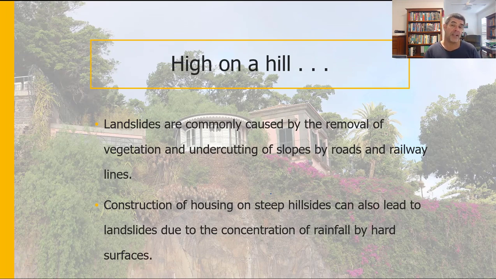Landslides are commonly associated with the removal of vegetation and the undercutting of slopes when we build roads and put railway lines in, when we change the nature of the underlying rock to reinforce it for larger, heavier objects that will come down on it, like trains, trucks, or houses. The construction of housing on steep hillsides can also lead to landslides.